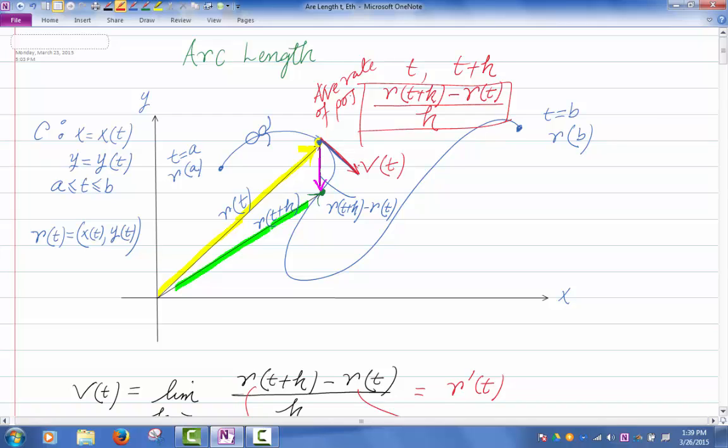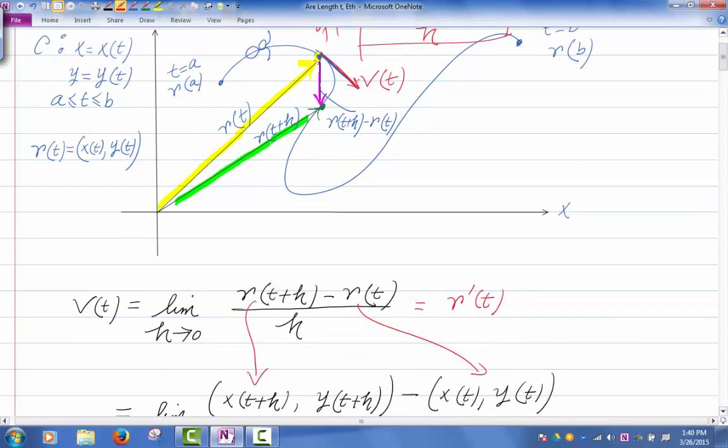As h goes to 0, the green point is getting closer and closer to the yellow point, and the pink vector is getting closer and closer to the tangent vector. So if I take the limit of the average rate of change of position as h goes to 0, I get the instantaneous rate of change of position.